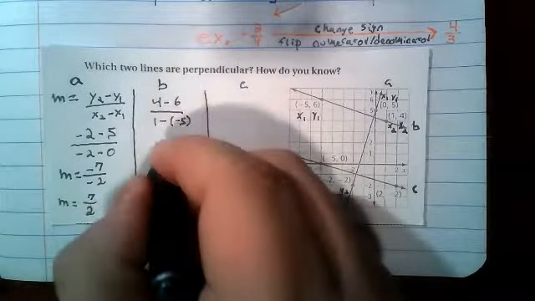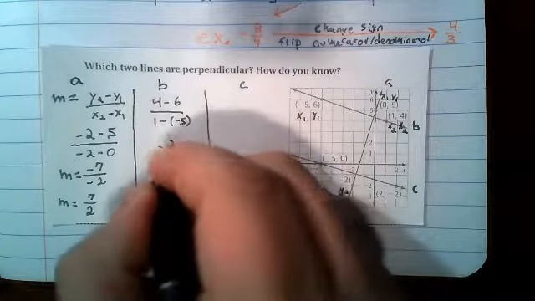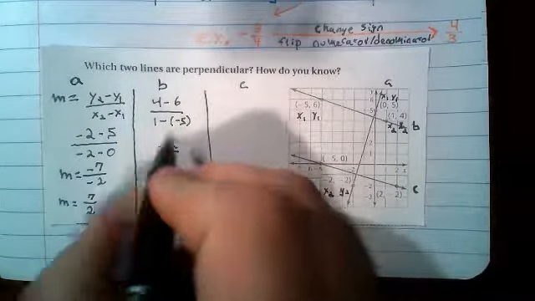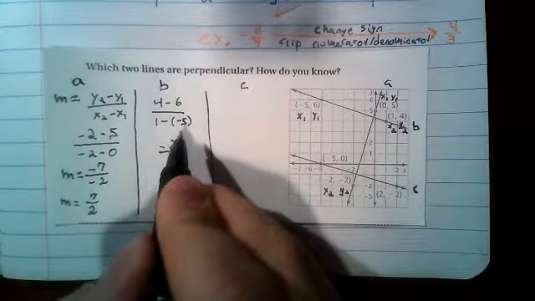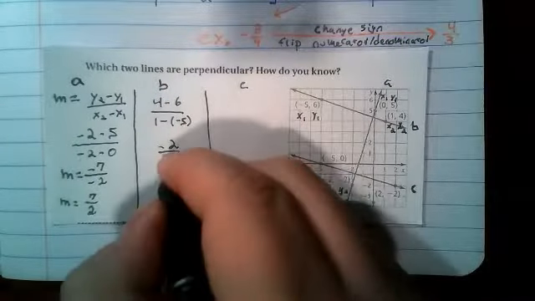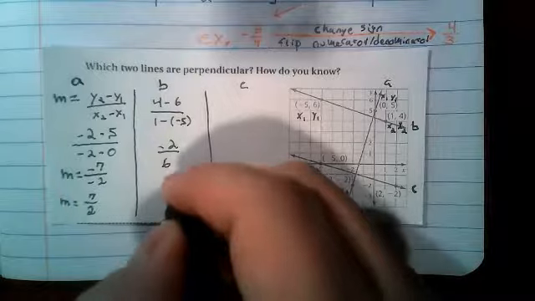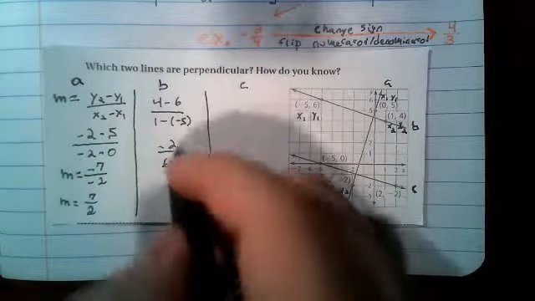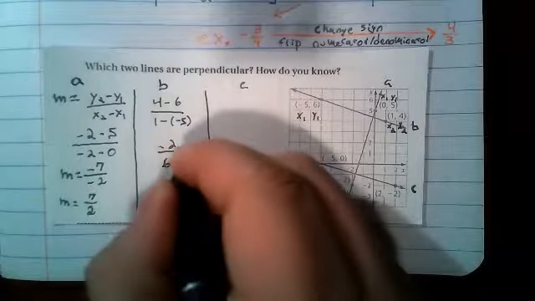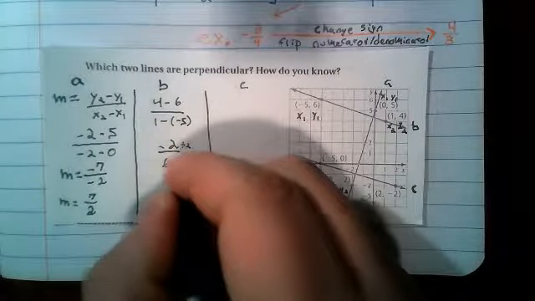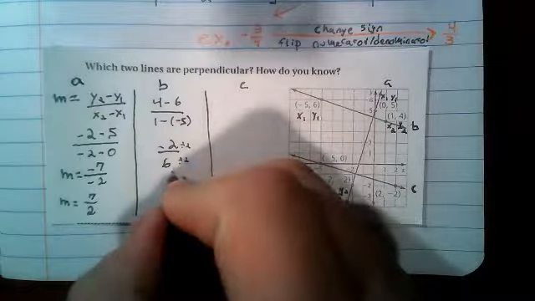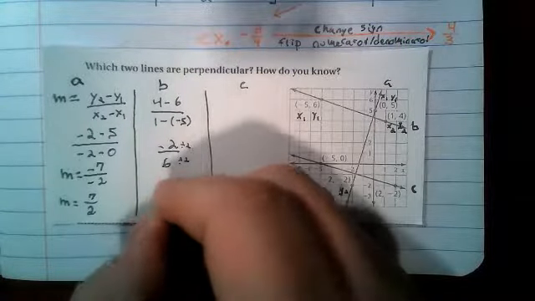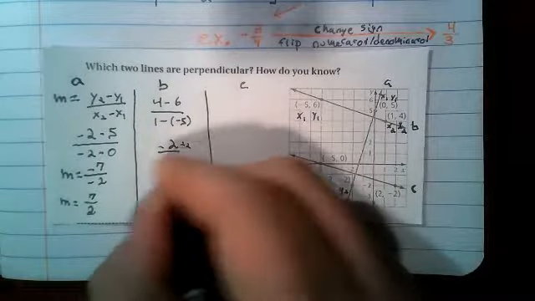Keep simplifying. 4 minus 6 is negative 2. 1 minus negative 5 is really 1 plus 5, which brings us to 6. Now I can reduce negative 2 over 6. They're both even, so I know 2 goes into both. So negative 2 divided by 2 is negative 1 over 3.